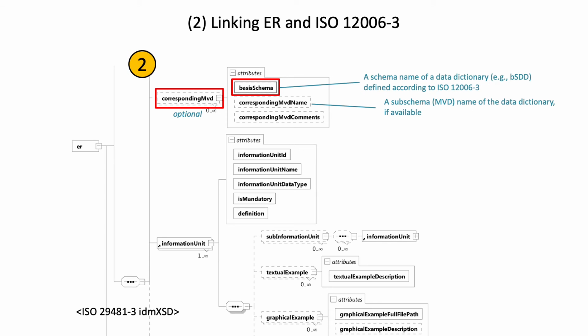As the next step, we define bSDD as a basis schema instead of defining IFC 4.0 as the basis schema.